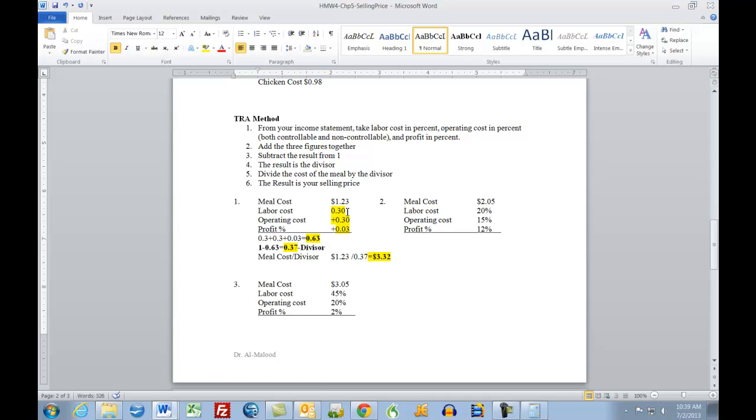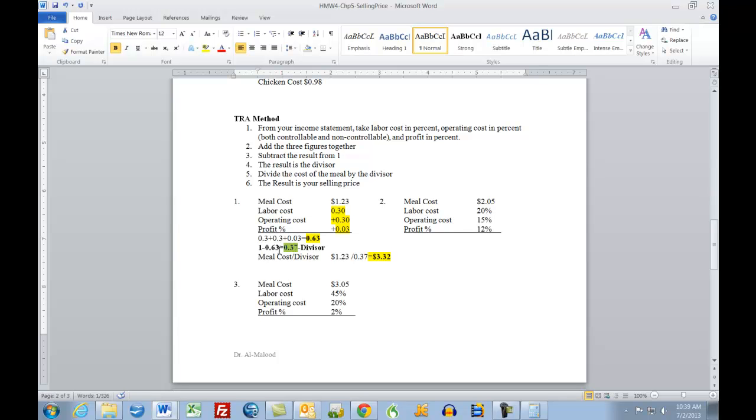First, convert all of your percentages into decimals. Then add them all up. Then take the answer and subtract it from 1 to get a divisor. If you're wondering what a divisor is, it is basically your desired food cost percentage.